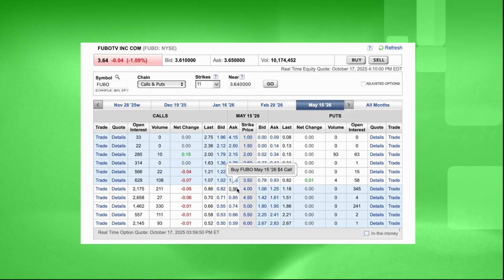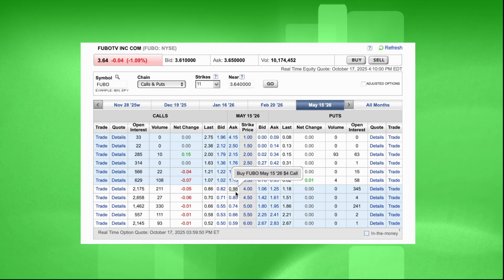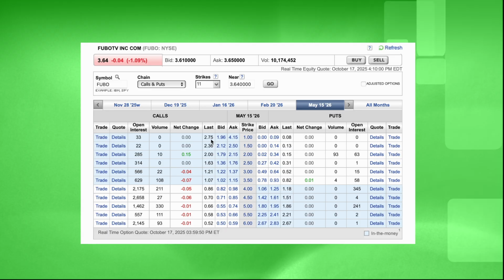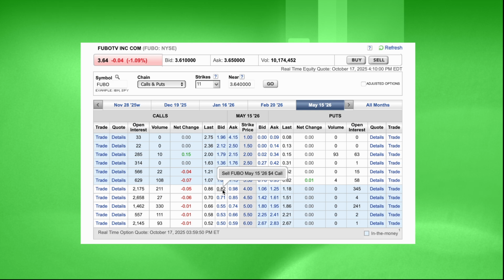The price of that one contract is between 98 cents and 86 cents, because 86 cents was the last price that someone paid for it. But the asking price, which is here, is 98 cents. So you will probably have to pay the asking price. You could put a bid for 82 cents, but the order may not fill.